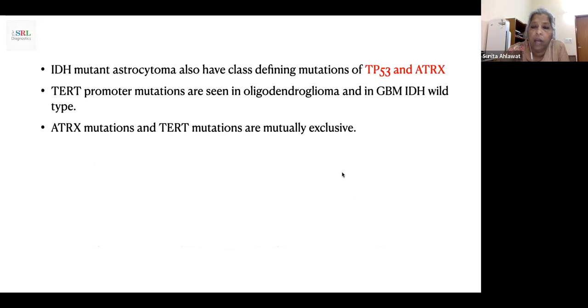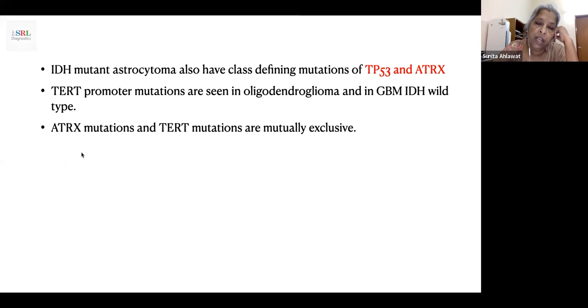IDH mutant astrocytomas also have class-defining mutations of P53 and ATRX. The TERT promoter mutations are seen in oligodendroglioma, and they are also seen in glioblastoma IDH wild type. ATRX mutations and TERT mutation are both mutations in the telomere region, but they are mutually exclusive.